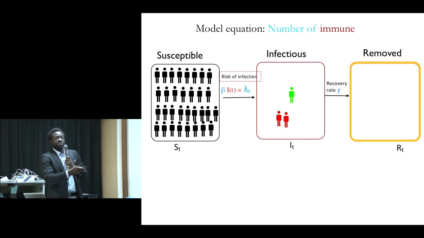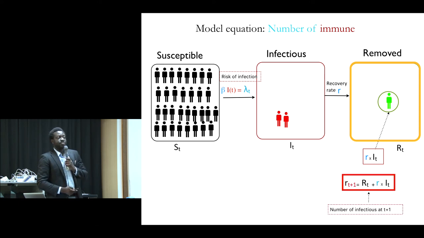The risk of recovery, noted by R, multiplied by the number of infectious, tells you the number of people who become removed. And we have our equation for the number of people who become removed at time t plus 1.